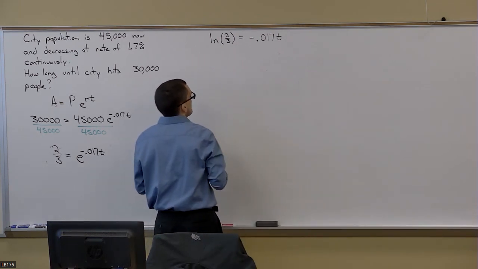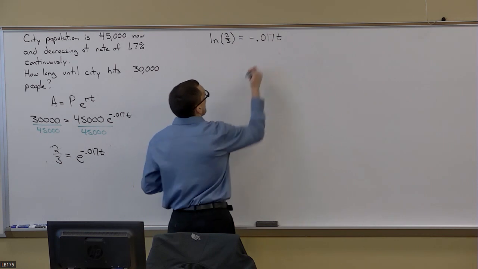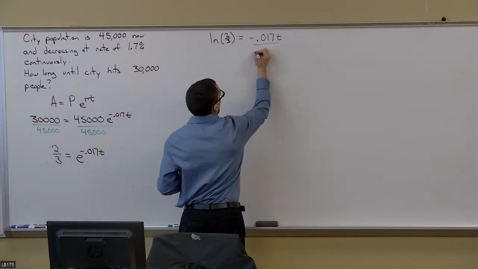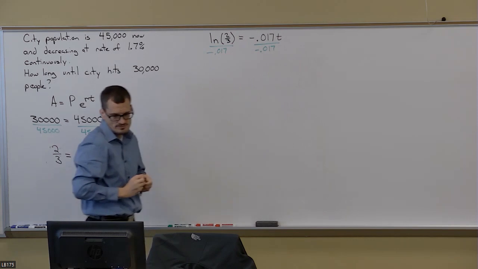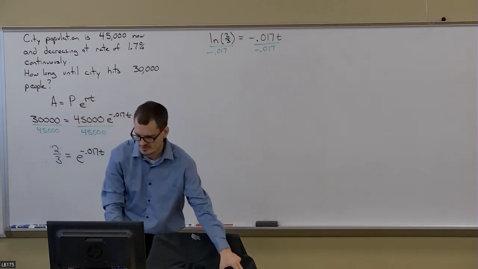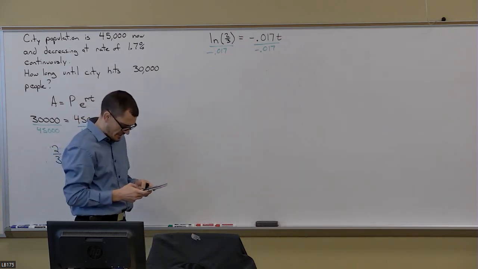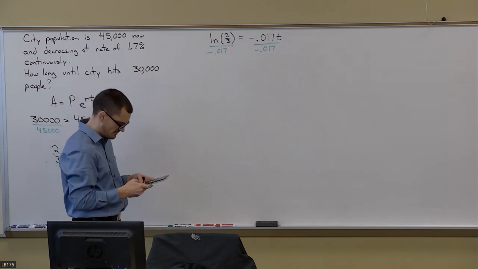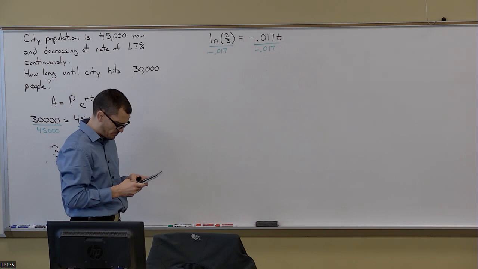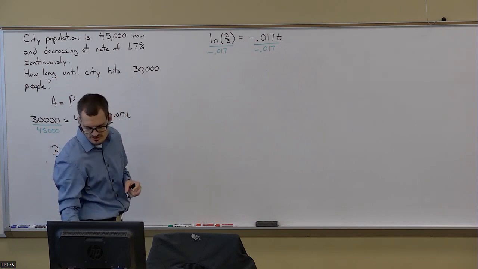And then at this stage, all I have to do is divide by the coefficient of T. Natural log of 2/3 divided by negative 0.017 gives me 23.85.